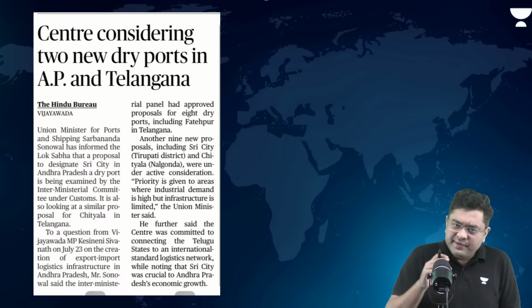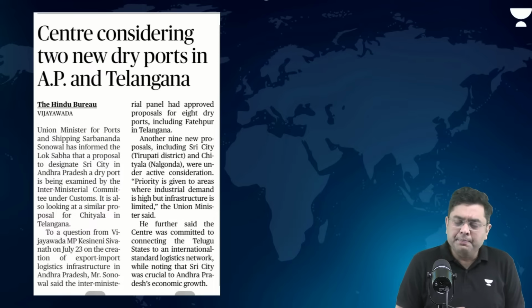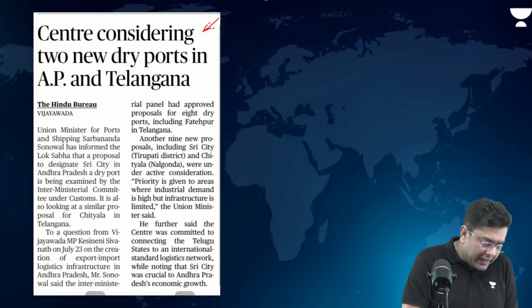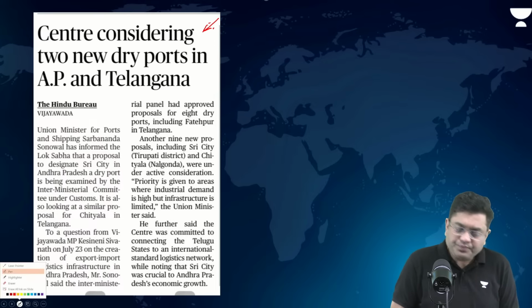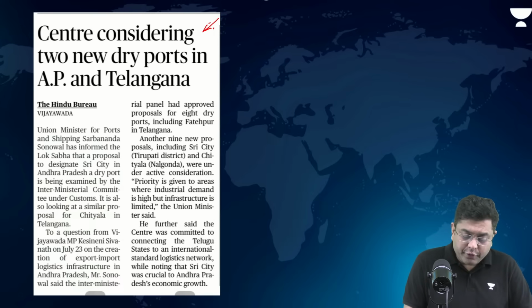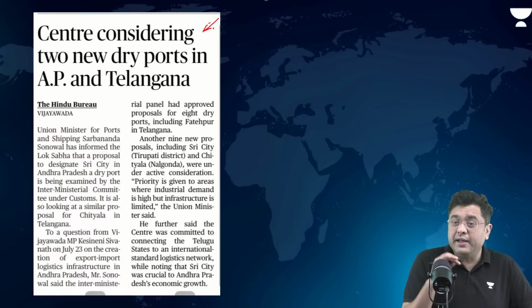Coming to something more important for the prelims, center considering two new dry ports in Andhra Pradesh and Telangana. Now, what are dry ports, first of all? You have various different areas where dry ports are being suggested: Fatehpur in Telangana, the Chityala region in Telangana, Shri City in Andhra Pradesh.